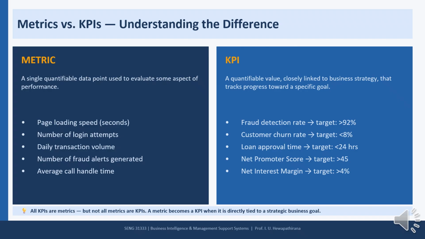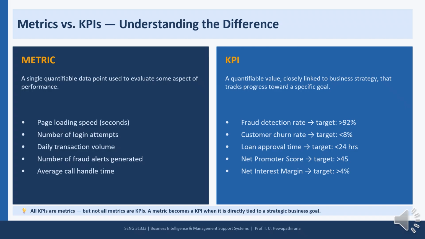A key performance indicator, or KPI, is a specific type of metric that is directly and explicitly linked to a strategic business goal. A KPI is not just measuring something, it is measuring progress towards an objective. It always has a target. Look at the examples in the blue panel on the right.